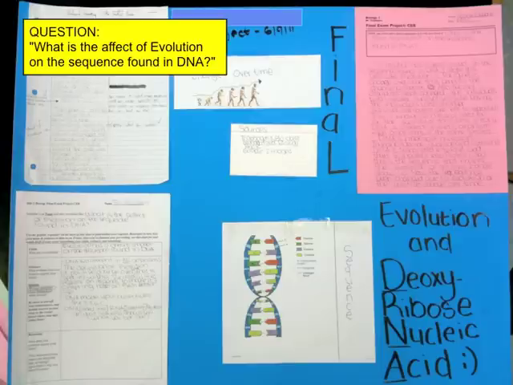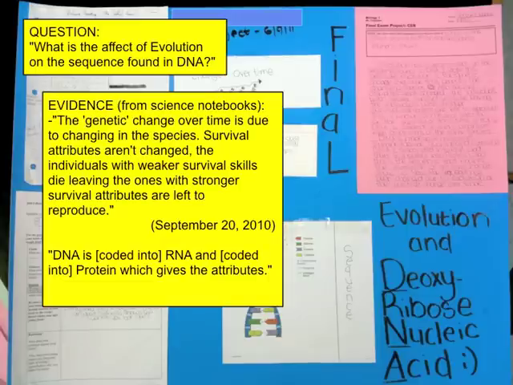So this student started with the question, what is the effect of evolution on the sequence found in DNA? And he went back through his science notebooks, and from evolution, he found the genetic change over time is due to the changing in the species. Survival attributes aren't changed. The individuals with weaker survival skills die, leaving ones with stronger attributes left to reproduce.